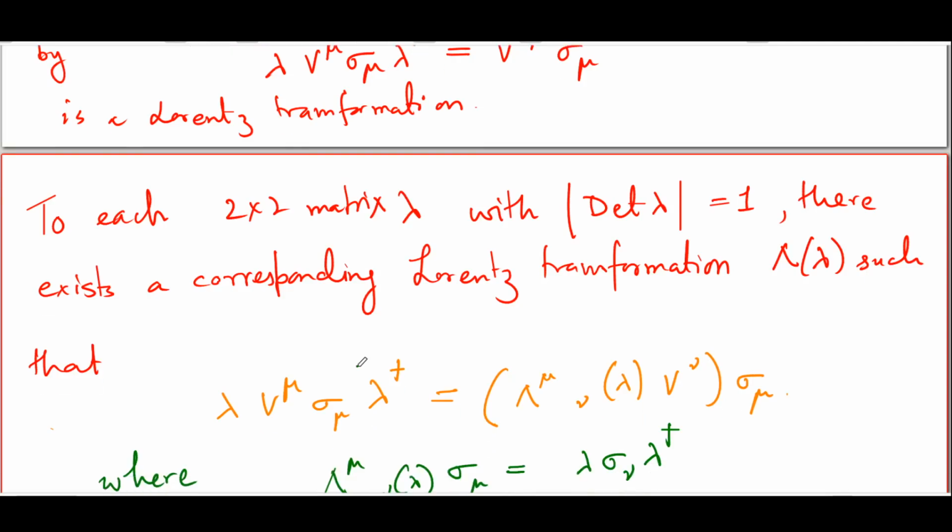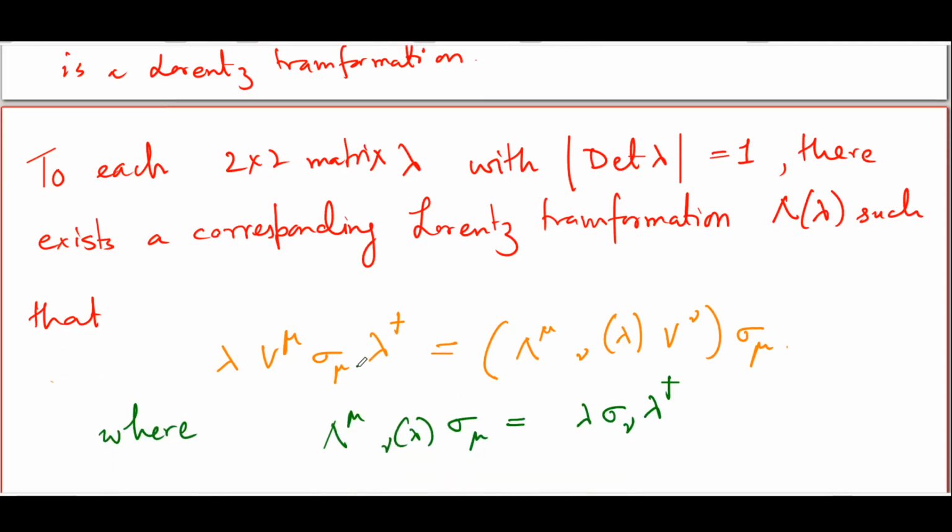This of course gives us a rather handy relationship that if you were to linearly combine the sigma 0, sigma 1, sigma 2, sigma 3 matrices using the Lorentz transformation coefficients, lambda mu nu corresponding to small lambda, you are going to get the transformed matrices lambda sigma nu lambda dagger.